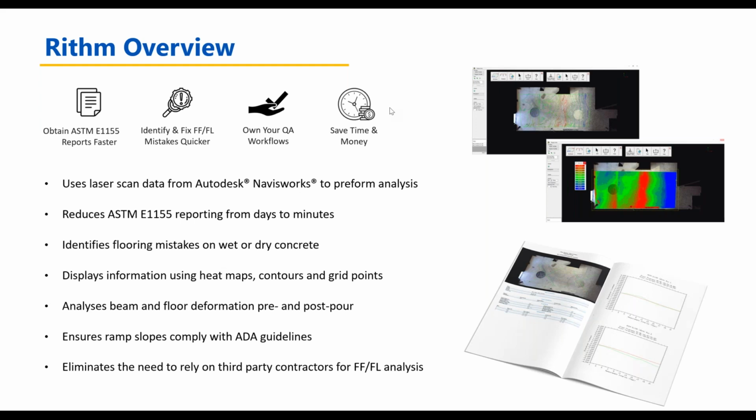More importantly, the software allows us to do ASTM E1155 floor flatness analysis and reporting. This is an industry standard way of defining that a floor meets a certain flatness and levelness specification. Typically, this is done by an outsourced company. You have to call them up, it takes them a couple of days to come out, then they spend all day walking around on your slab with this little stick measuring thing.